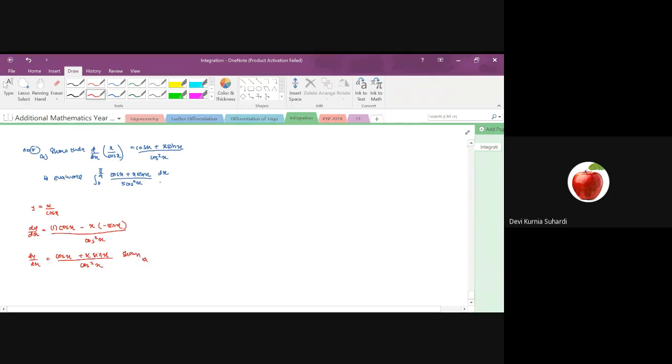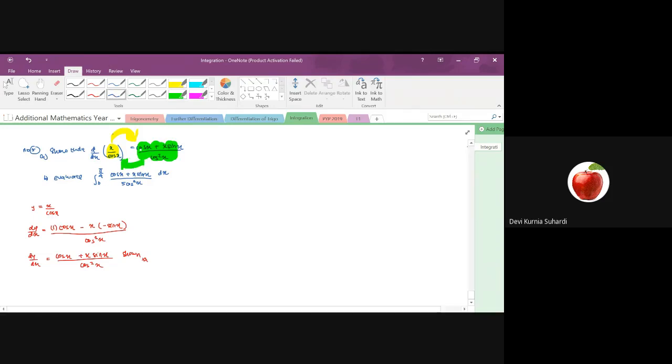Okay, so now they ask you to integrate this. So meaning you see differentiation of this will give me this. So therefore the integration of this shall give me the original.